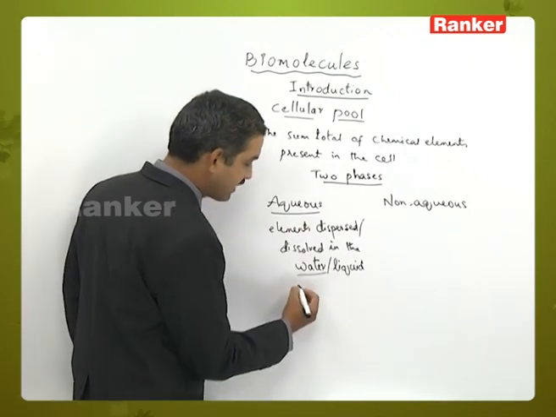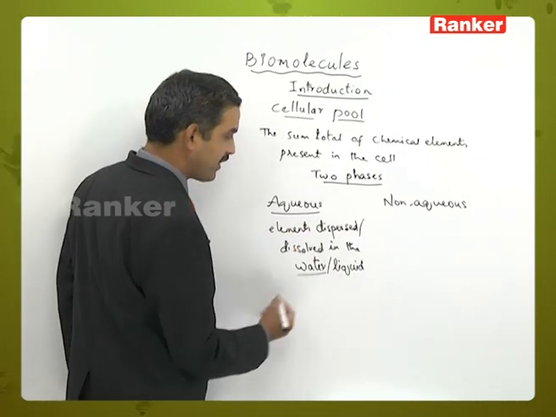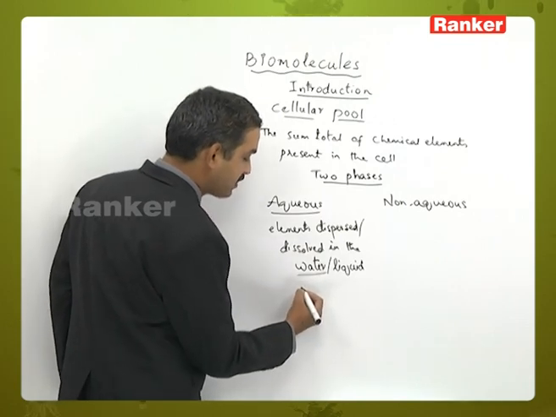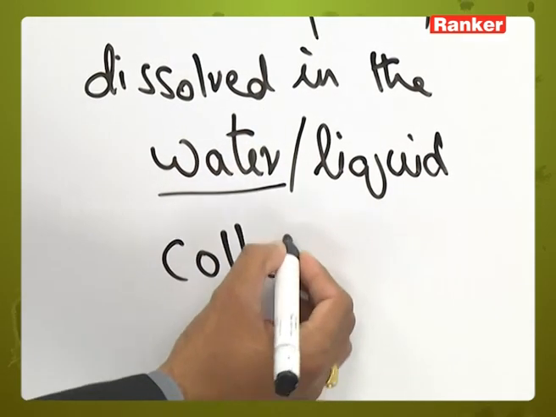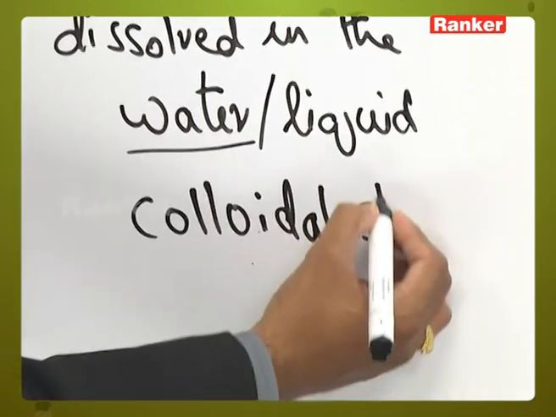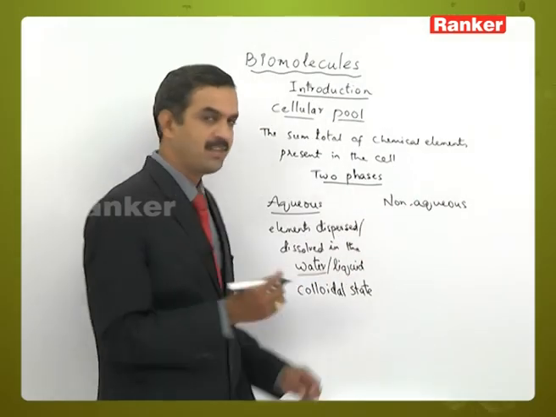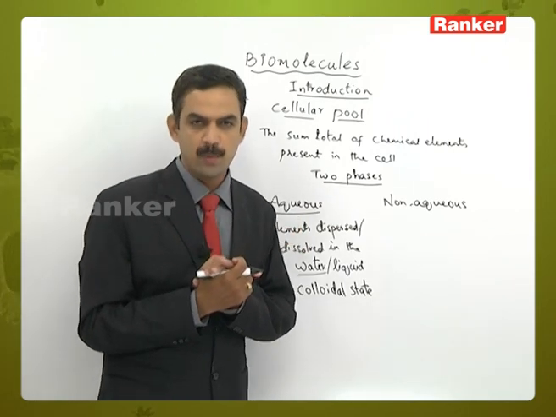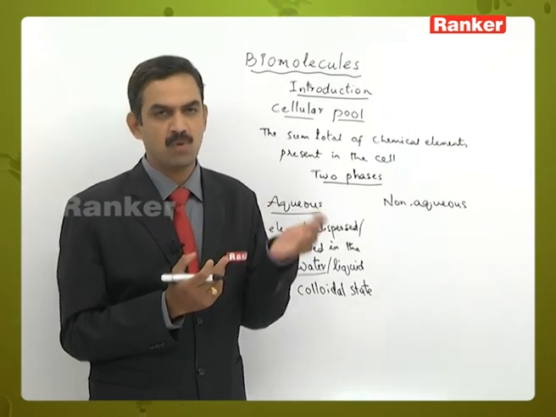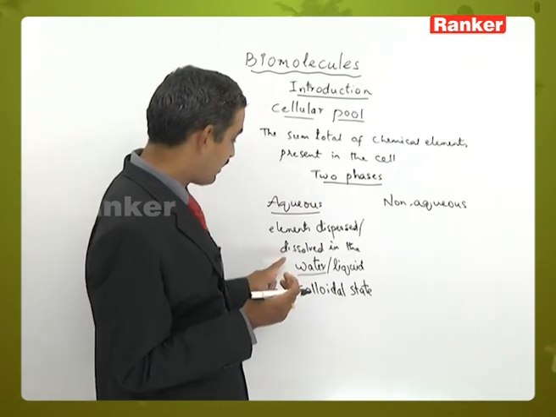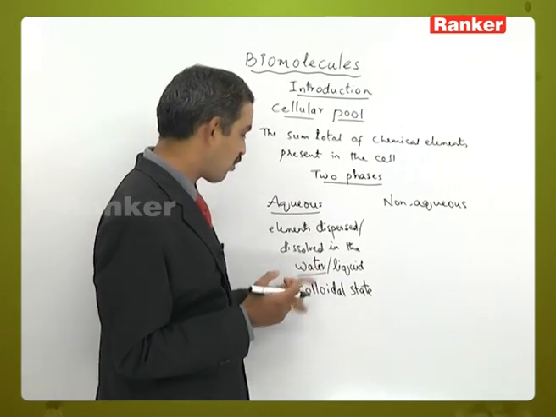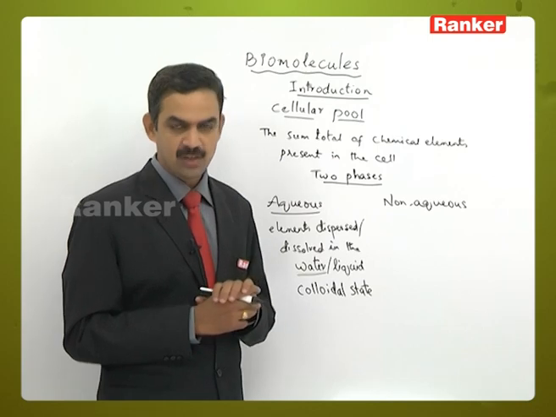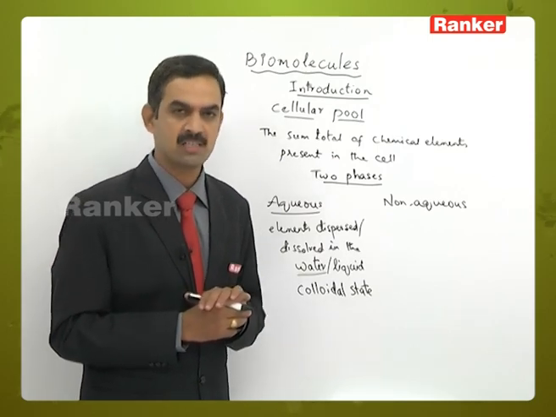And all these aqueous elements will be existing in colloidal state or colloidal form. Some may be dispersed, or we can see them as microscopic structures which are not dissolved, and some of them are dissolved. Such non-dissolved or dispersed ones are colloidal in nature, and such a state is called the colloidal state.